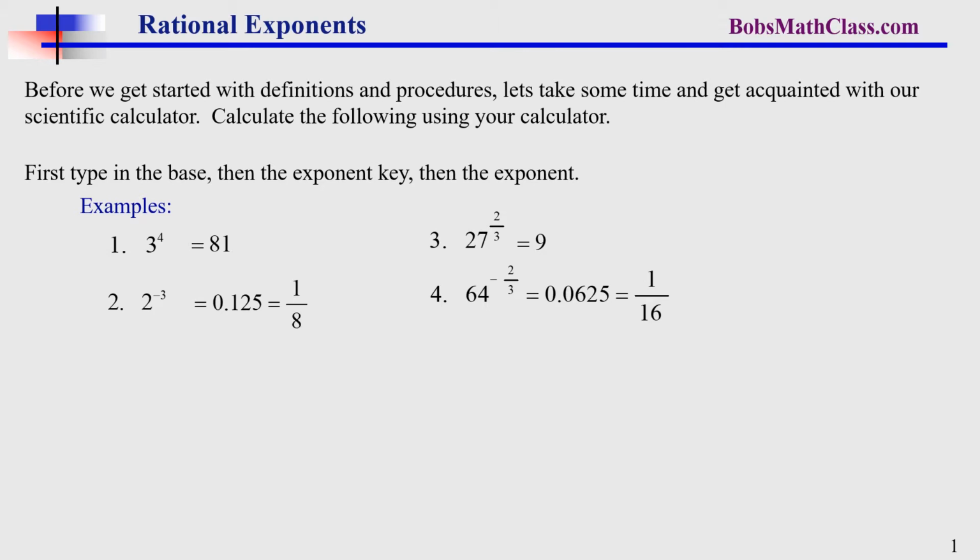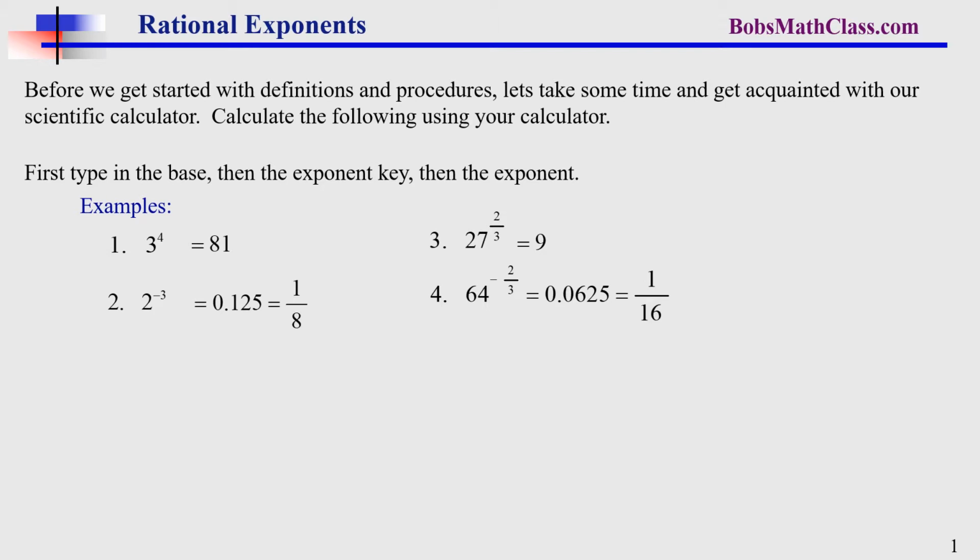Okay, let's calculate these. So first type in the base and then the exponent key. Your exponent key might look like a box with a little box for an exponent. The first big box is for your base, and the second little box would be for the exponent.